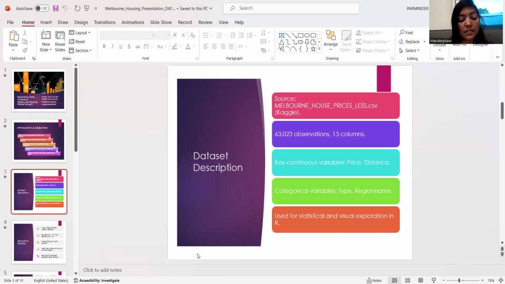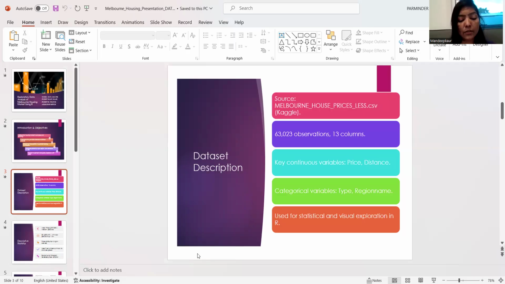It includes 63,023 property transaction records with 13 variables such as suburb, type of property, region, number of rooms, sale price, and distance to the CBD. This data set is ideal for both exploratory and inferential statistical analysis.